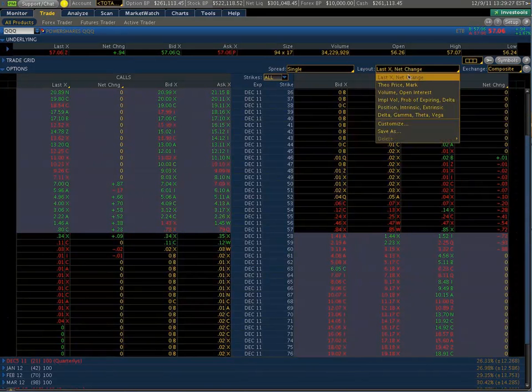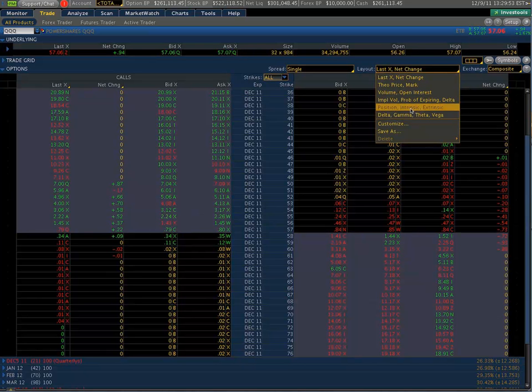If I wanted to, I could change that, and you could do theoretical price and the current market, volume and open interest. You could do probabilities of expiring and their delta. You can do position, intrinsic and extrinsic value, and you can also do the delta, gamma, theta, and vega, which are the Greeks that we haven't talked about yet, but we will be getting into it in future videos.